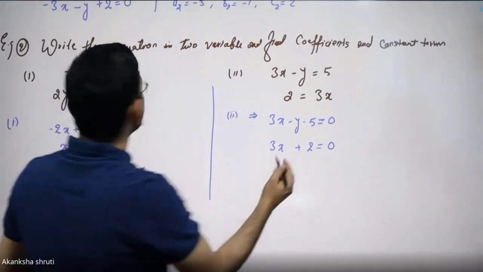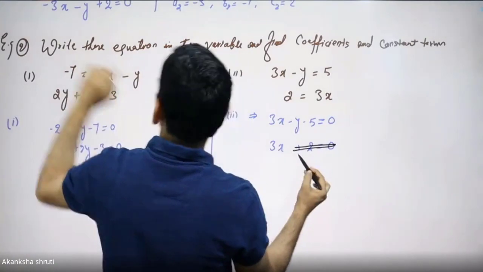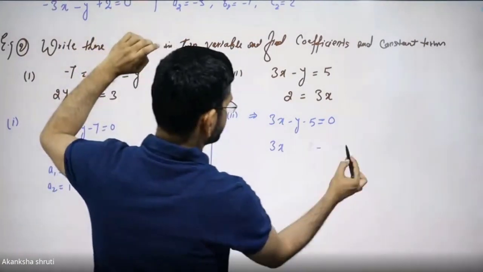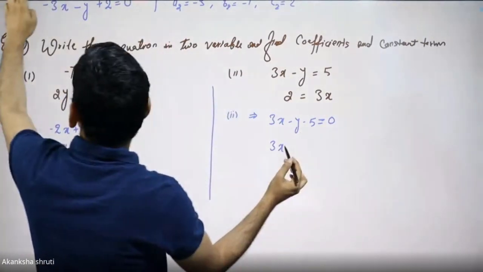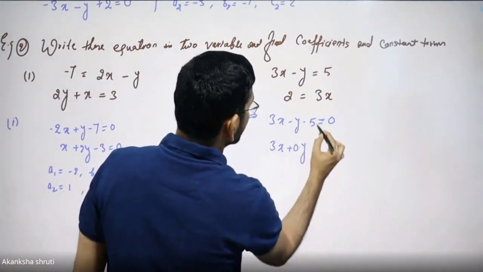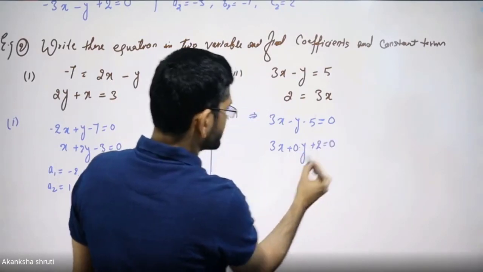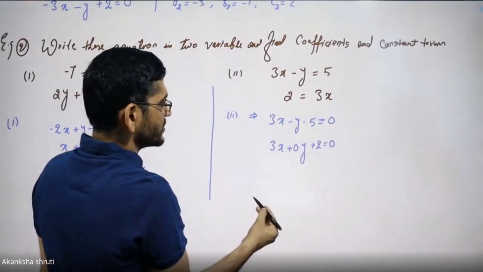So rather than writing in this way, we need to slightly modify it by taking the y as 0. So plus 0 into y plus 2 is equal to 0, because 0 into y becomes 0.